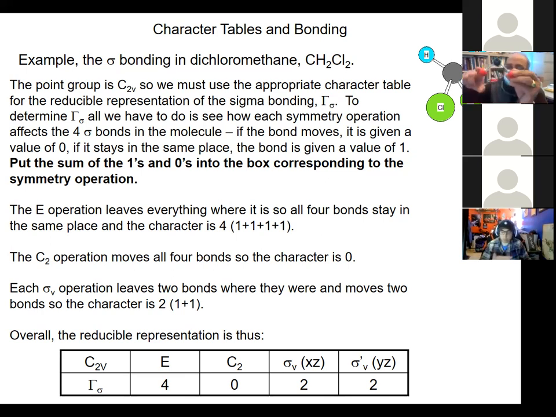So if you want to reflect the water molecule in the same plane where the atoms are located, the bonds stay in place. So one sigma will have 2, the other sigma will have 0. So the reducible representation of water is going to be 2020 in the C2V point group.